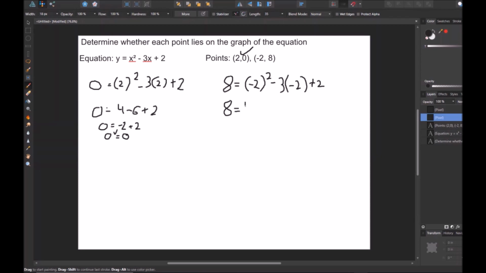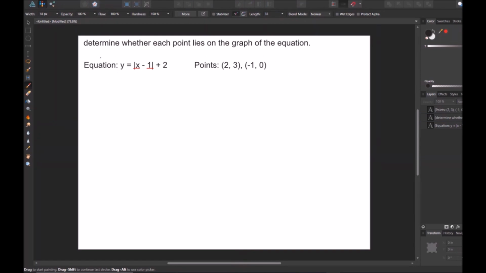Negative 2 squared is 4. Negative 3 times negative 2 is 6. And then we have plus 2. Well, 4 plus 6 is 10, and 10 plus 2 is 12. So we have 8 equals 12, which is not true. So this point does not lie on the graph of this equation.